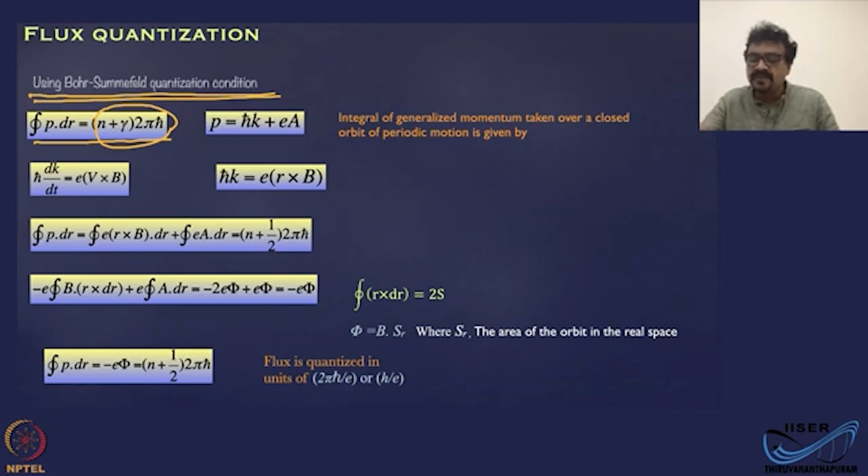But in our specific case, we have the momentum ħk, which also has a contribution from the vector potential, eA. So ħk is eR cross B. This you can get from the force, ħ dk by dt equals e v cross B. So when you integrate it, you will get R cross B. ħk equals e R cross B.